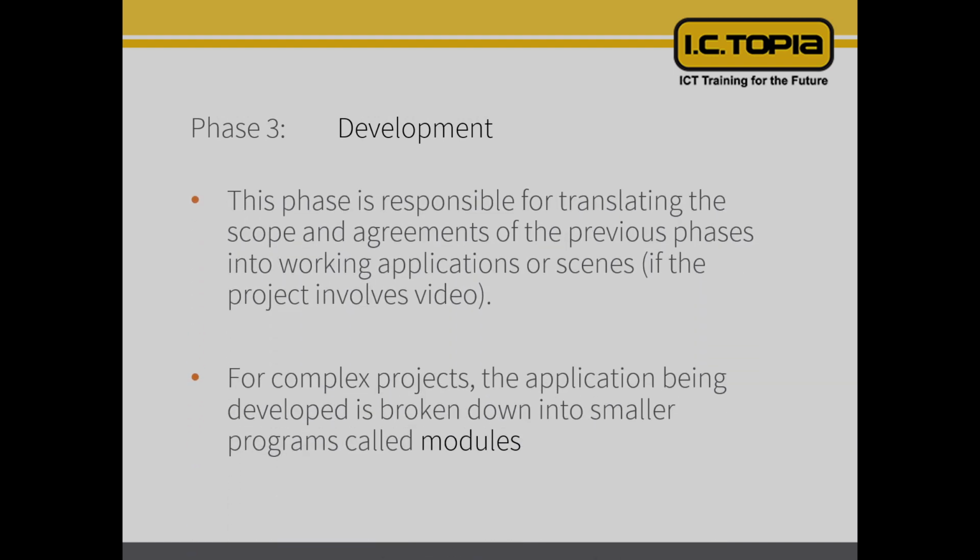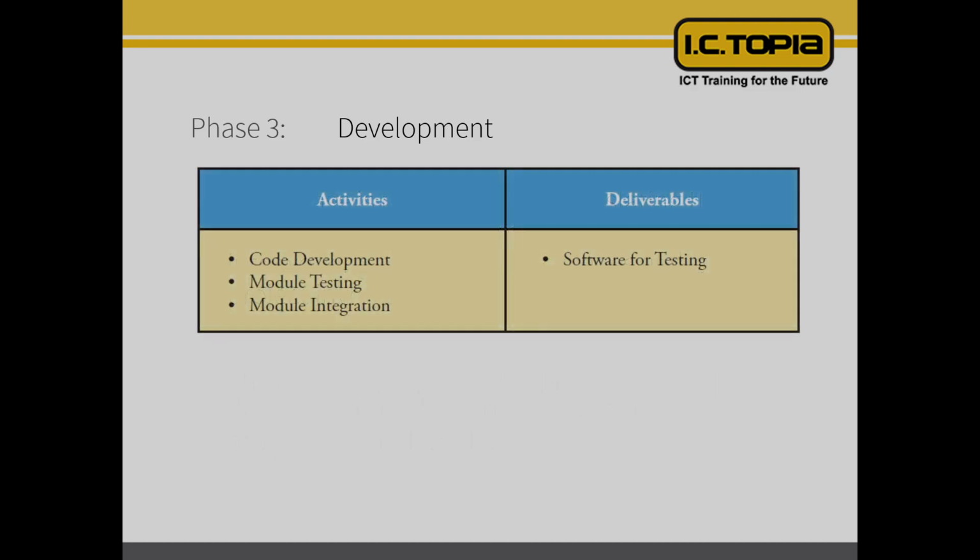Okay, in this phase, the development phase, it is responsible for translating the scope and agreements of the previous phases into a working application. So for a complex project, the application being developed is broken down into smaller programs called modules. Okay, so dito yung sa development.